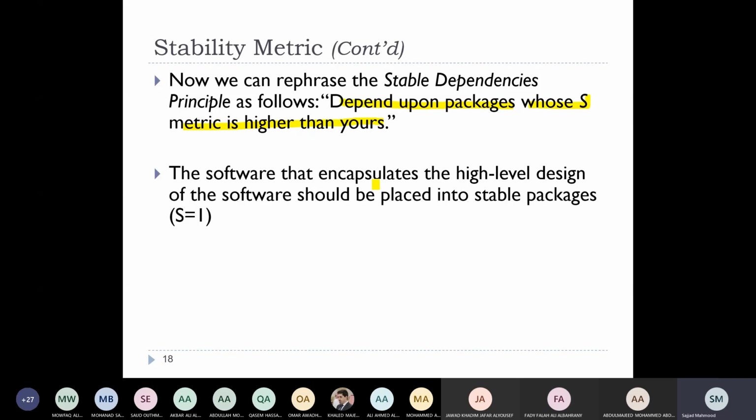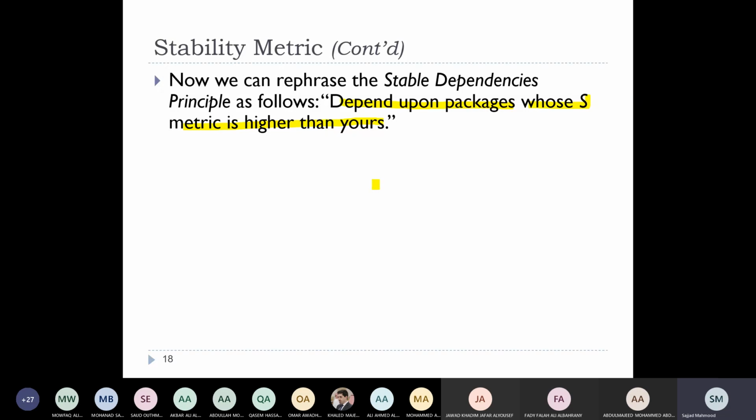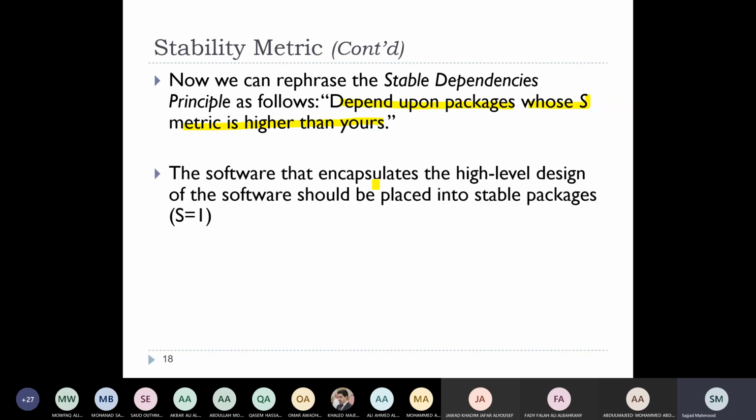So the software that encapsulates high level design should be placed into a stable package. So in other words, this is like a conclusion, a nutshell of our discussion here: a package whose S value is 1 actually means it's very stable.